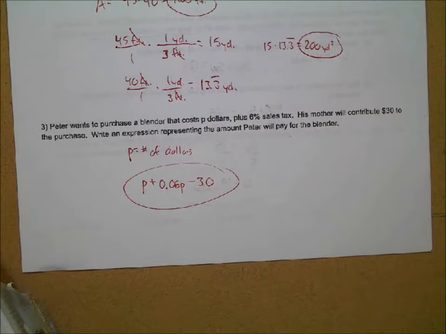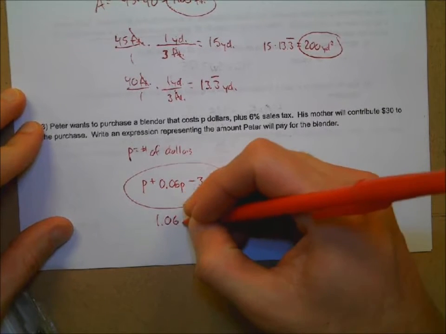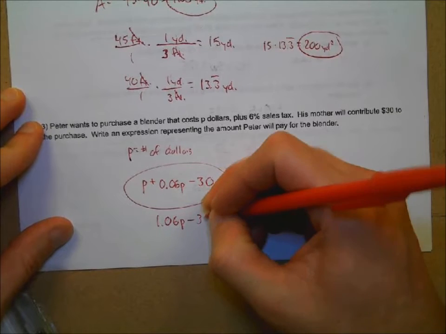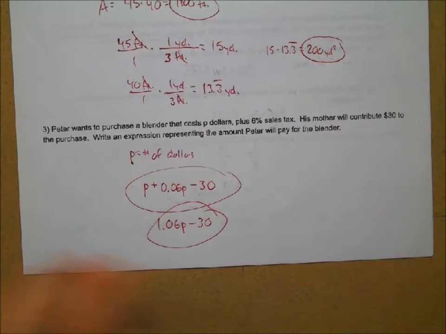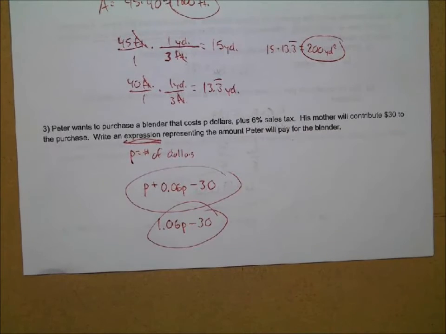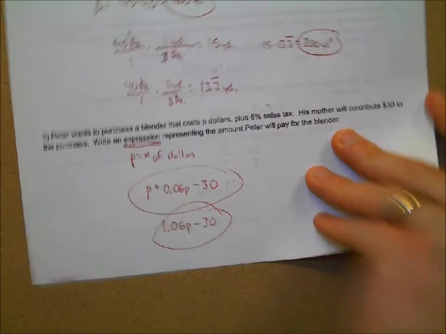So I'll do 1 plus 0.06, which is 1.06p minus 30. And this is another way to write it. It doesn't say you need to simplify it, so either one is okay there. If it says expression, folks, no equal signs, right? No solving is necessary. We're just writing an expression there. All right, so that's a little bit easier.